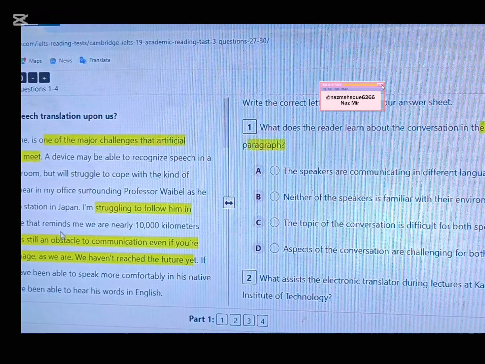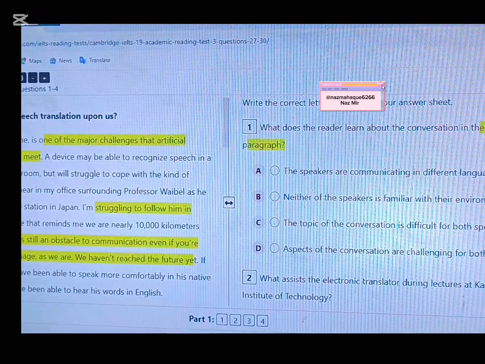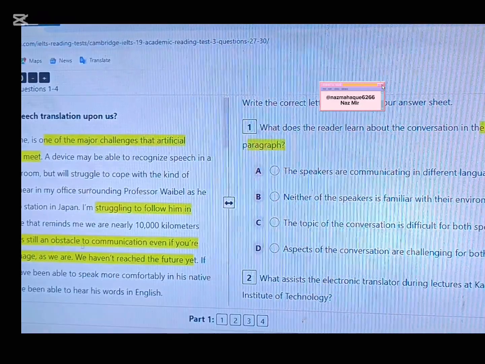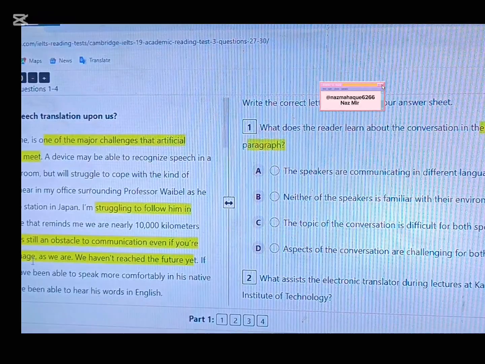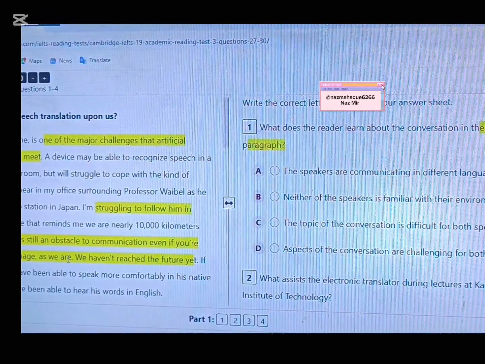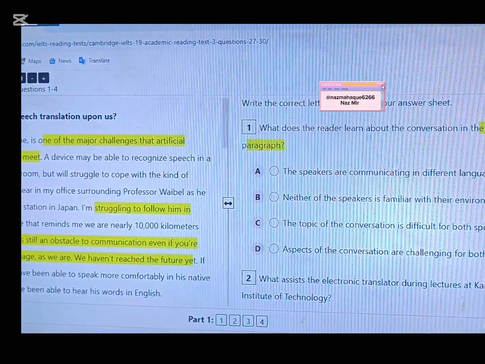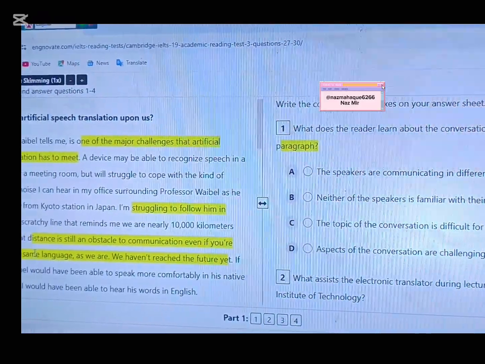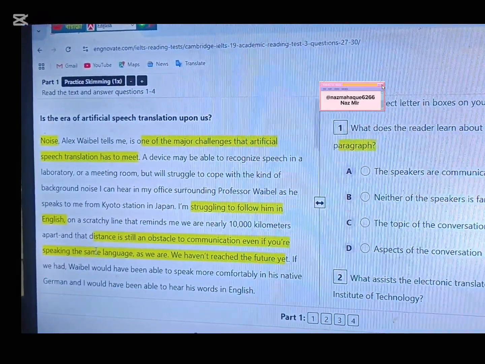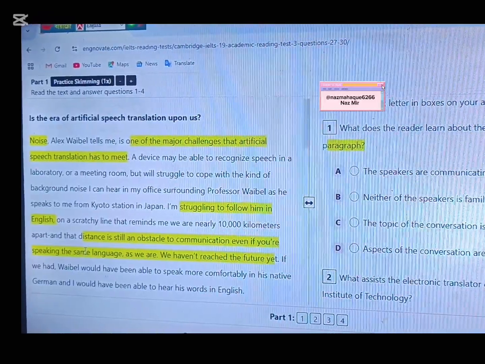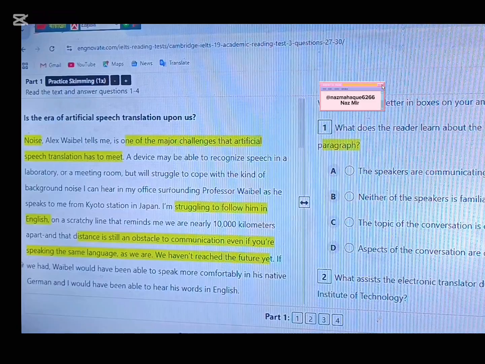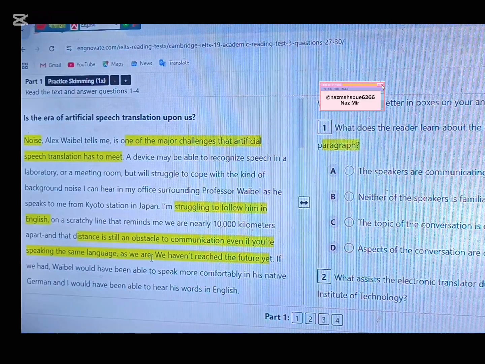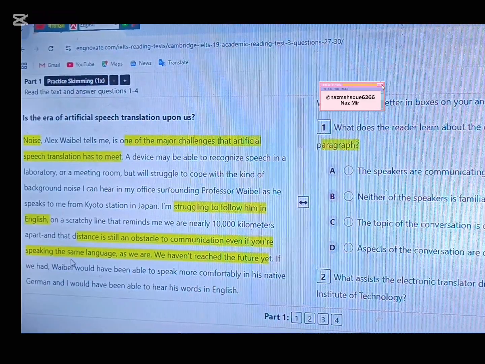And on a scratchy line that reminds me we are nearly 10,000 kilometers apart, and that distance is still an obstacle to communication, even if you are speaking the same language as we are. As we are, it means that both of them are speaking in English.